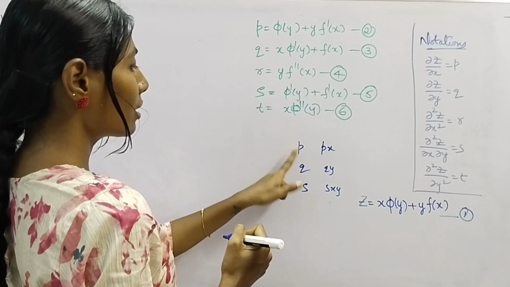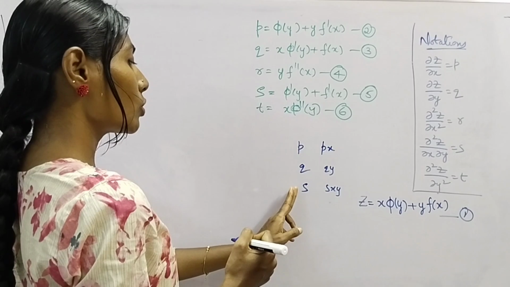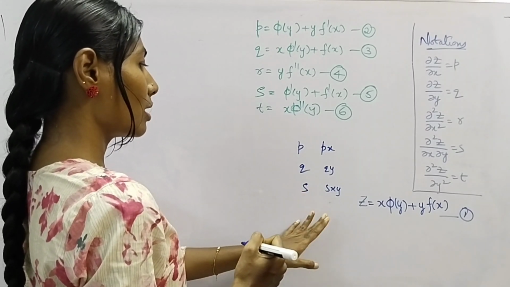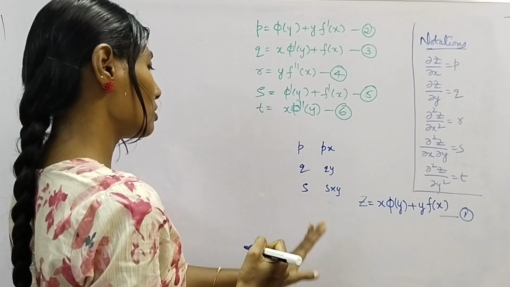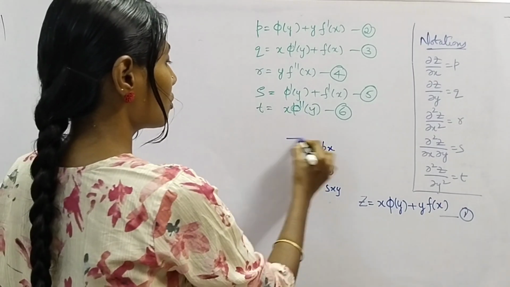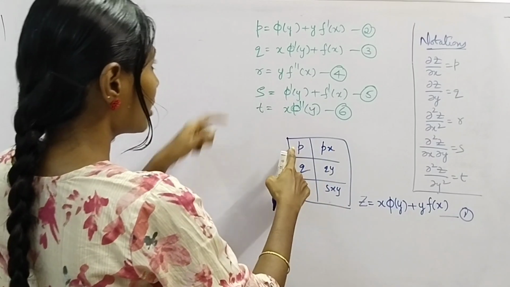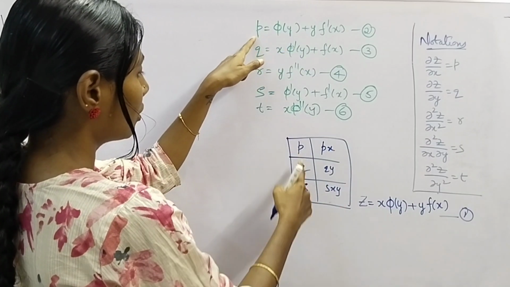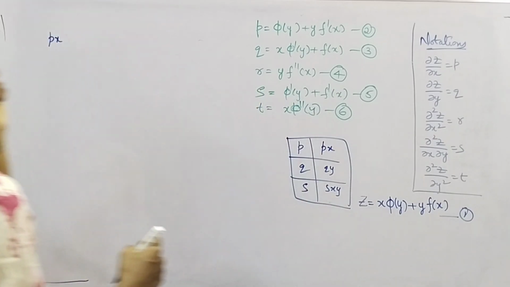We'll multiply the equation of p with x, the equation of q with y, and the equation of s with xs. This is what we'll do in some cases, okay? Just remember this. P is nothing but the equation with p, q is nothing but the equation with q, s is nothing but the equation with s, right?